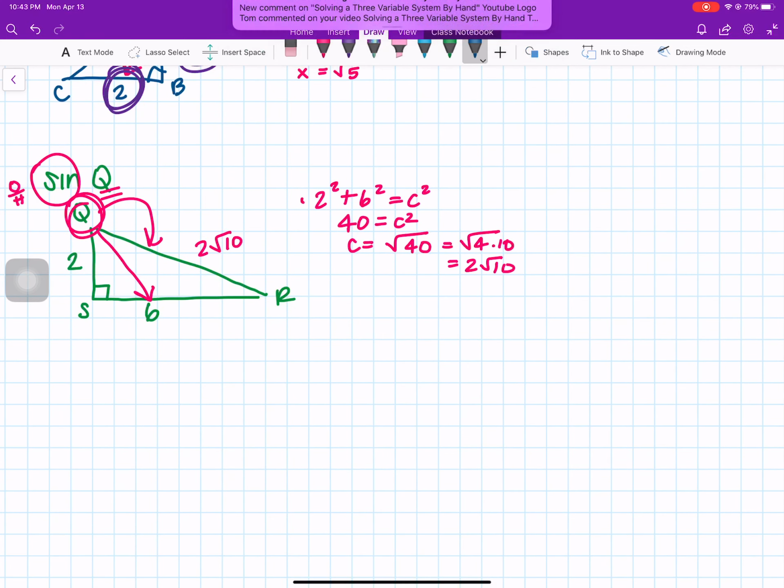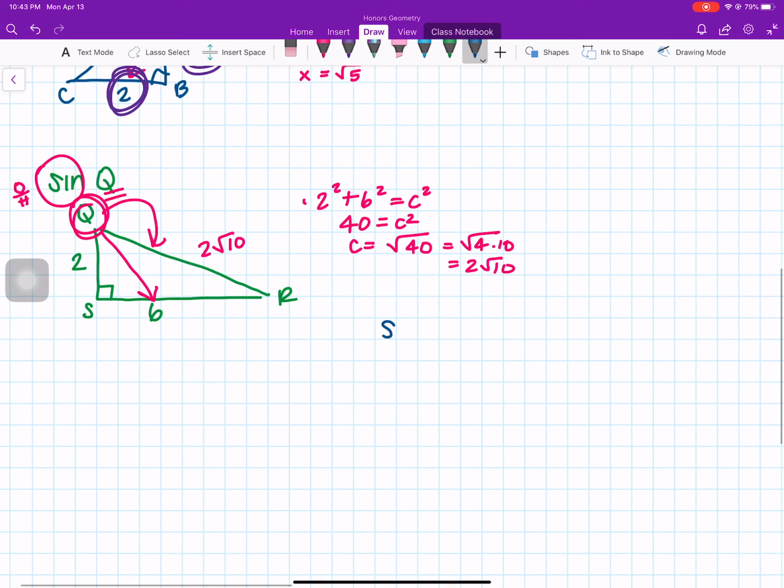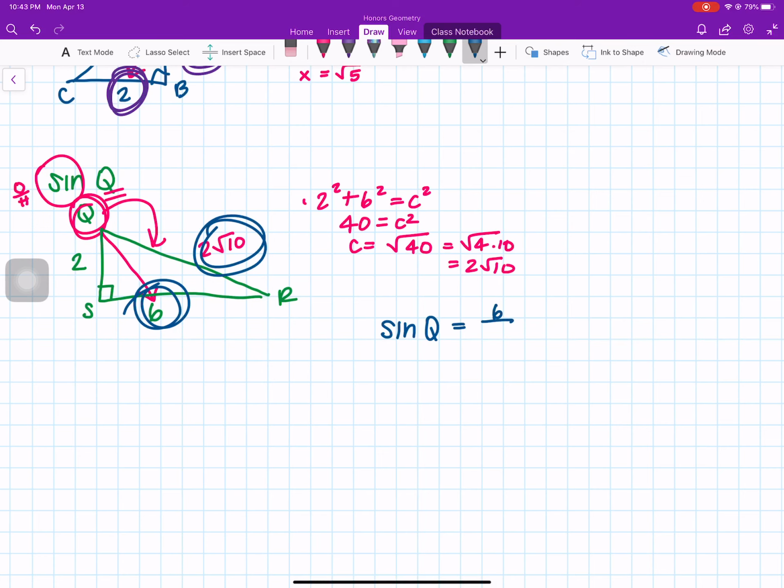So the sine of Q is the opposite, which is 6, over the hypotenuse, which is 2 root 10. This is a time when you need to reduce your fraction and rationalize your denominator.